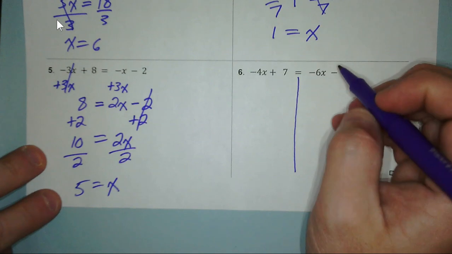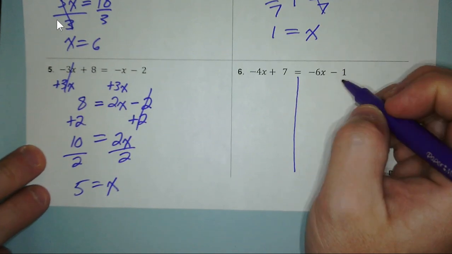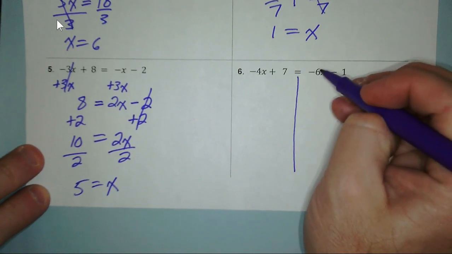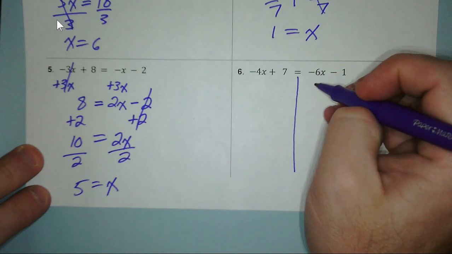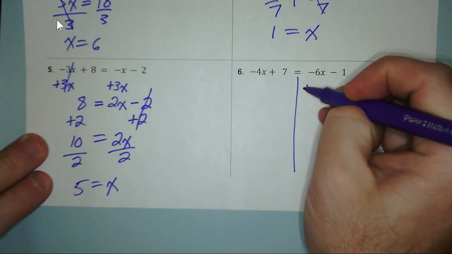That's just personal preference. Yeah, you know what? Actually, I kind of lied earlier. That's usually my preference also. But so you want that negative 6x to not be on that side. Yeah. So we want to do what? Add it to the other side.